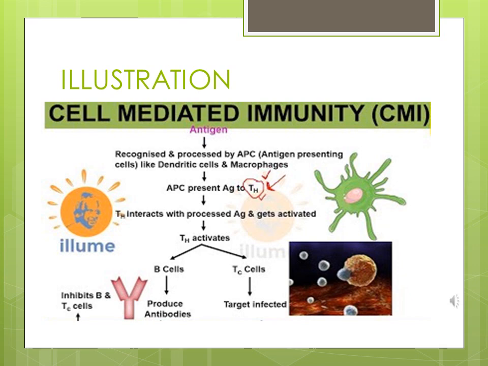Whereas when the T helper cell activates the B cell, there occurs particularly the activation of plasma B cell, so that the plasma B cell starts production of antibodies. So antibodies again help the cytotoxic T cell for the further degradation of the antigen.